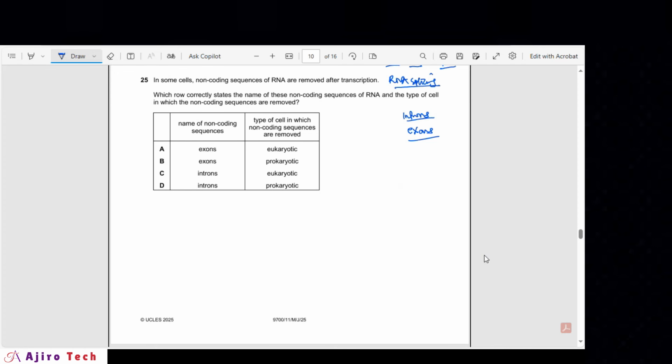Of course, I just said the name of non-coding sequence will be introns, not exons. So we are between C and D now. The type of cell in which we find introns: we don't find introns in prokaryotic cells, in bacterial cells. You only find exons in their operons, right? No introns, but we find introns and exons in eukaryotic cells. So the answer to this question is option C.